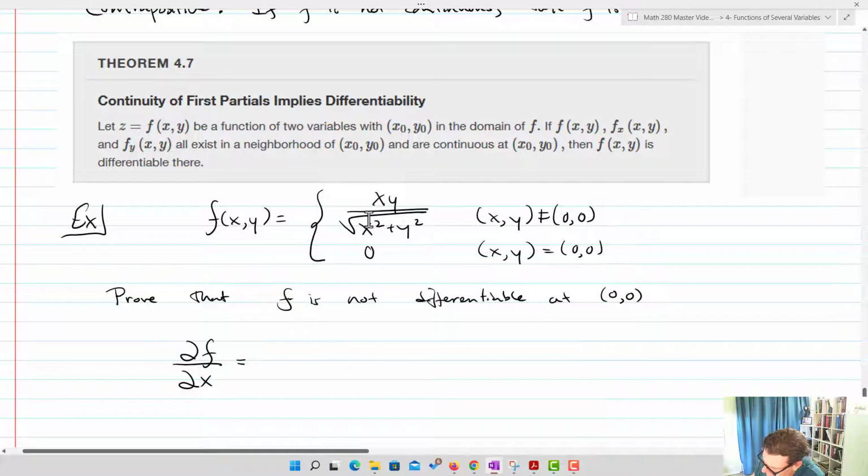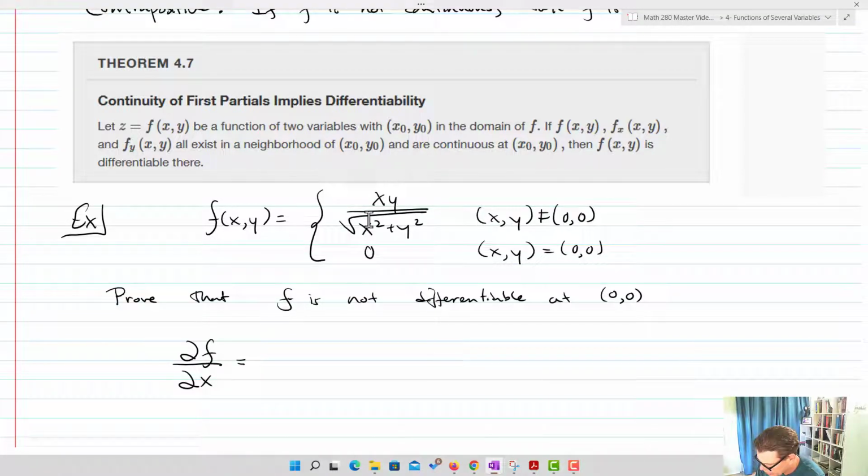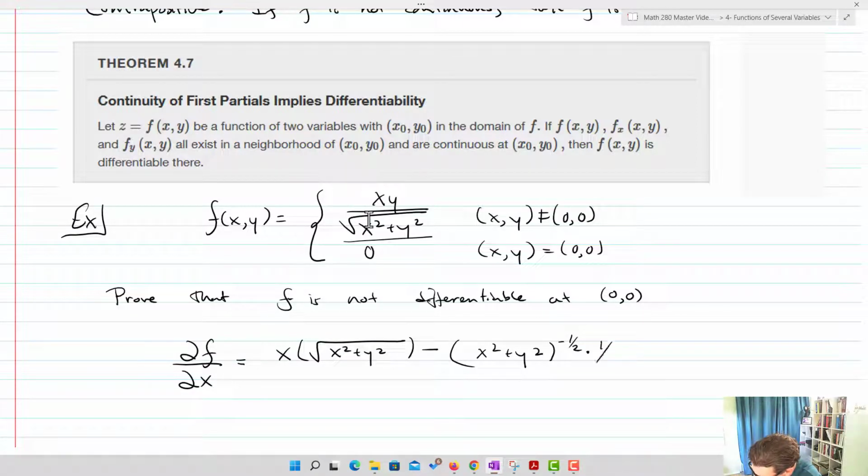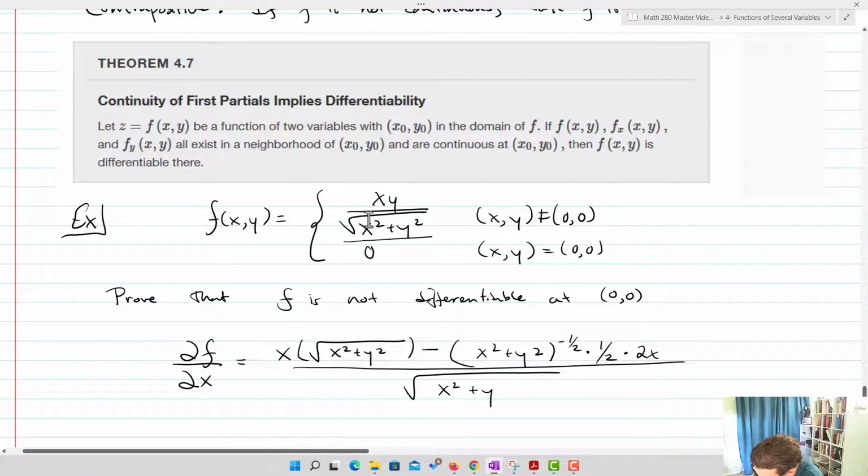And that's going to end up equaling, well, we'll take the derivative with respect to x, so that's x times the square root of x squared plus y squared minus, and then we'll take the derivative of x squared plus y squared, so this is going to be x squared plus y squared to the negative 1/2 times 1/2 times 2x, all divided through by the square root of x squared plus y squared, squared.